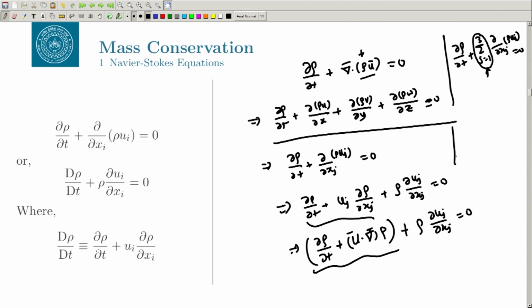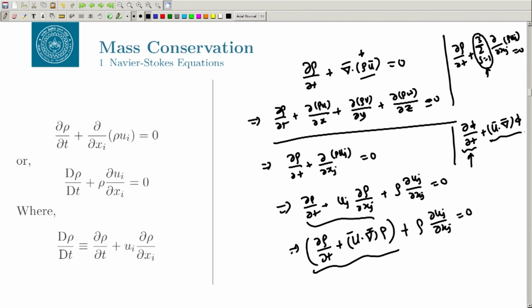It can be done for any derivative. So del phi by del t, where phi can be any quantity, plus u dot del phi. This is your time rate of change and this is the convection of that particle. This goes back to the discussion we had regarding the system and the control volume.